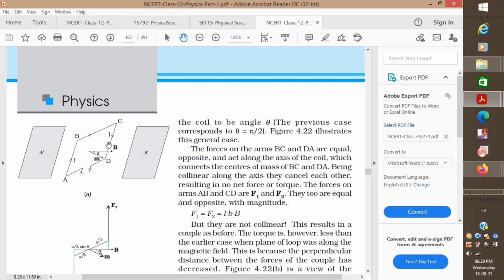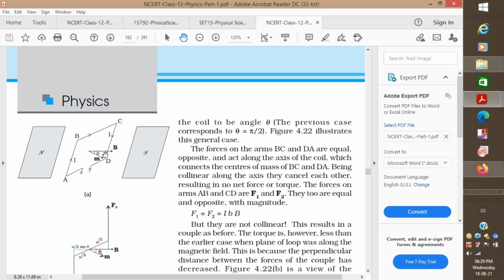So earlier, the direction of my loop and the magnetic field was in the same direction, but in this case your loop has been kept tilted, so that the magnetic field is in the same direction as before, north to south, but the normal to the loop area, or area vector of the loop, is in this direction at an angle theta.